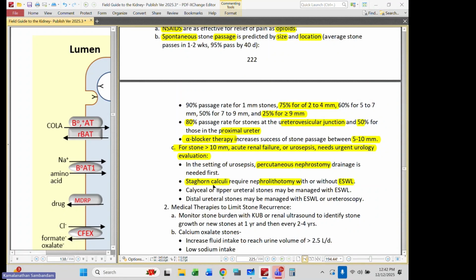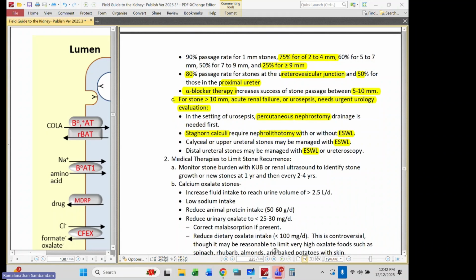So many times, struvite stone formers also need the full clean out with a percutaneous nephrolithotomy through the flank. Now we use lithotripsy, either laser or ultrasound lithotripsy, for certain types of kidney stones. I don't know that we need to go deeply into that.